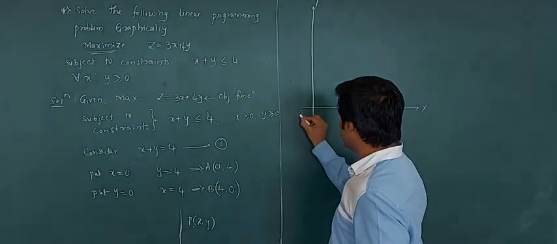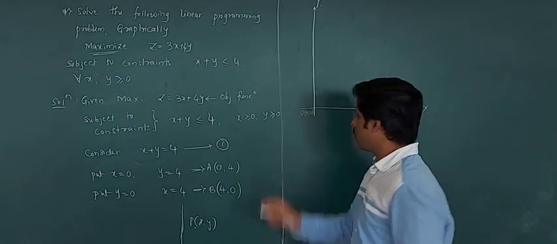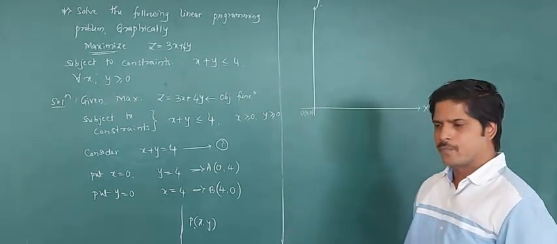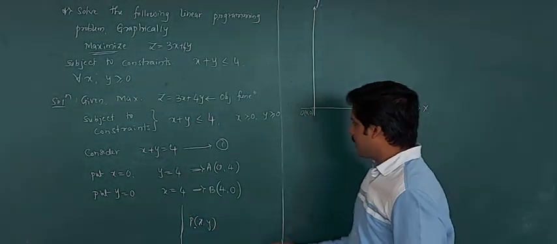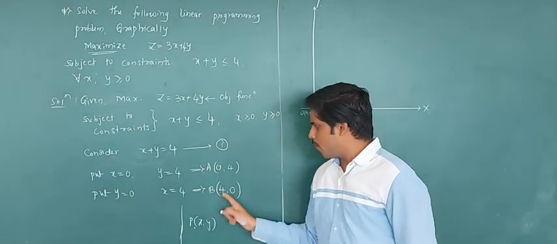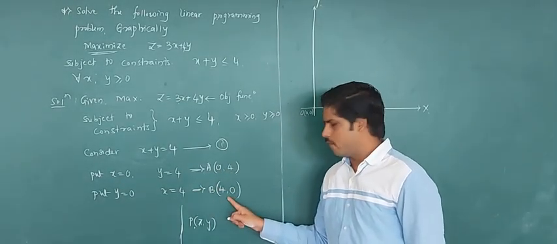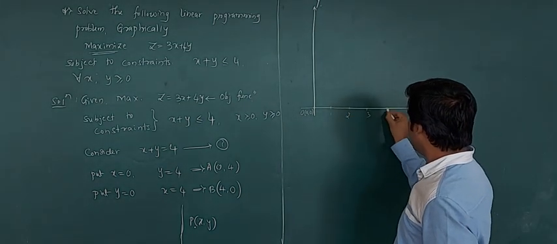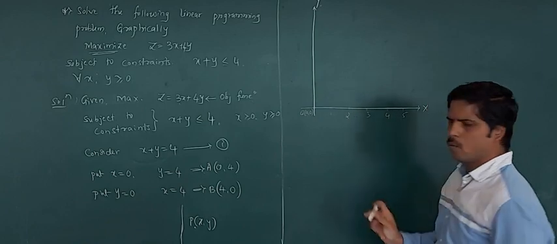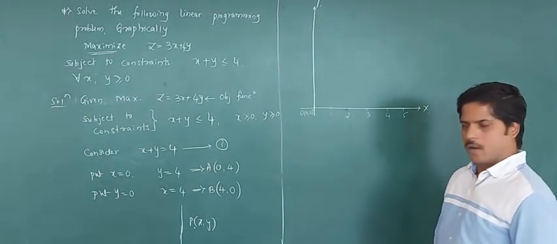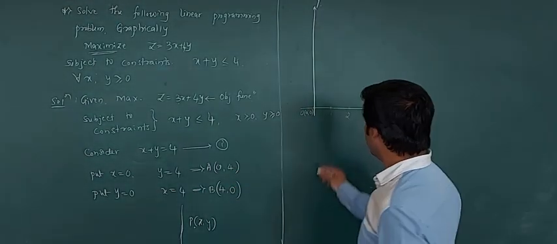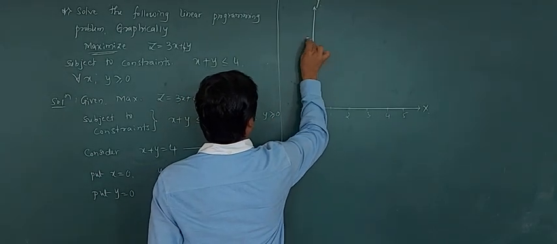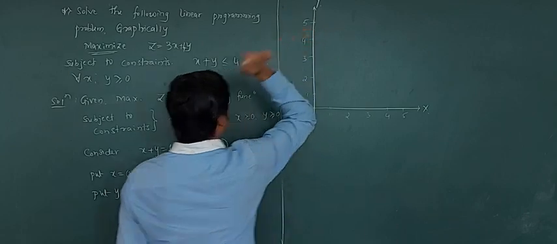The origin is 0 comma 0, denoted by O. On the x axis we have a maximum of 4, so the points are 1, 2, 3, 4, and I consider one extra point, 5. The y coordinate is also 4, so 1, 2, 3, 4, and consider one extra point, 5.